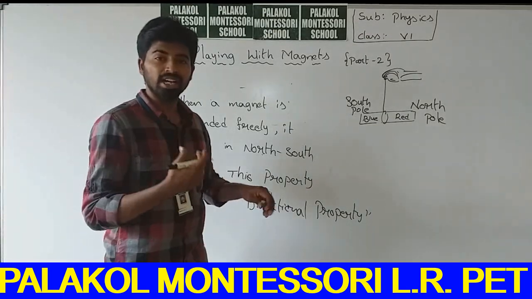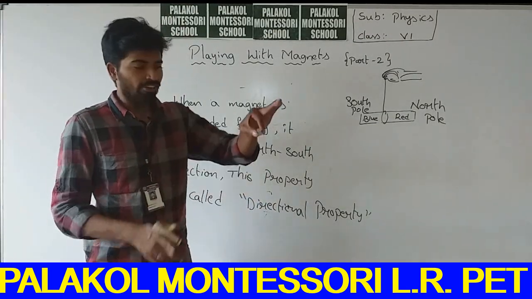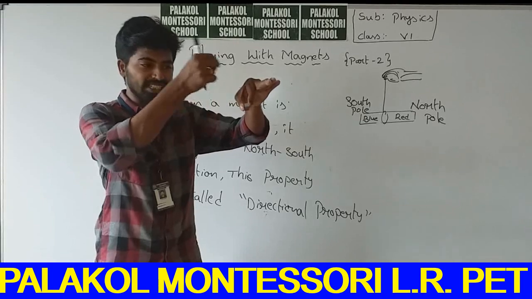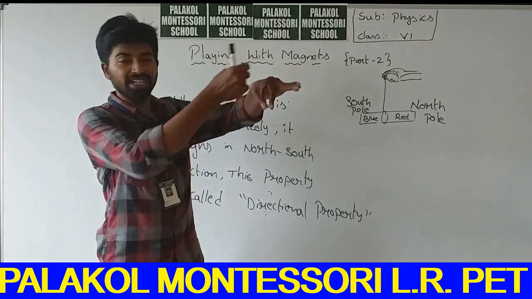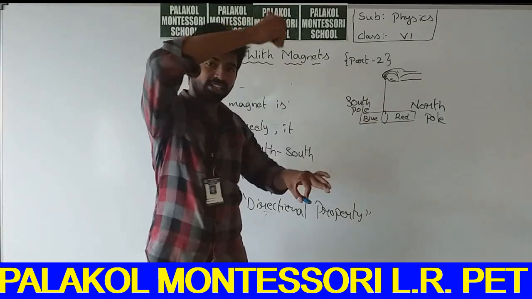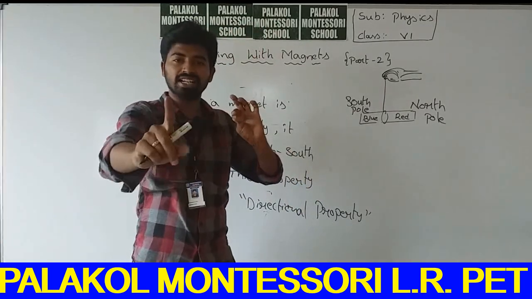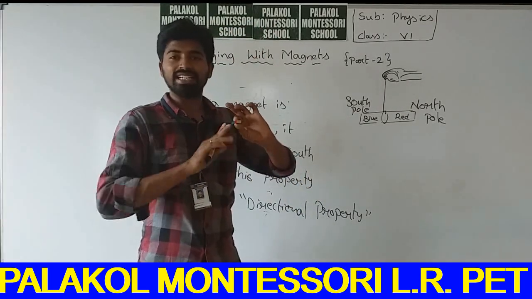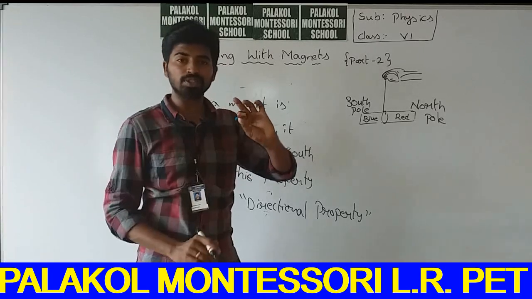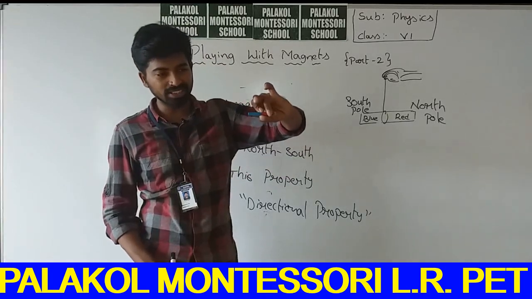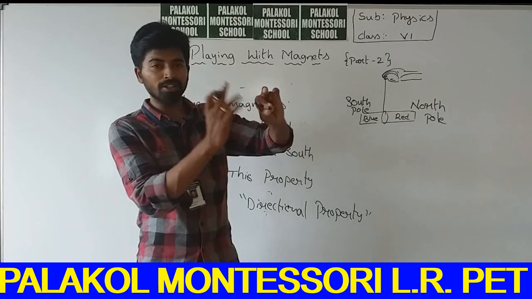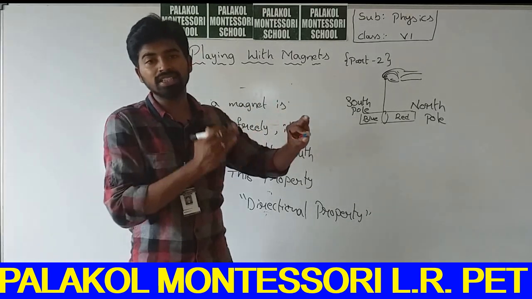So what is the directional property of the magnet? When a bar magnet is suspended freely, you have tied a thread and suspended it and you are holding it like this. If the red part is on this side, it will not stay in this position. It will automatically turn, and this red part will always point in this direction.